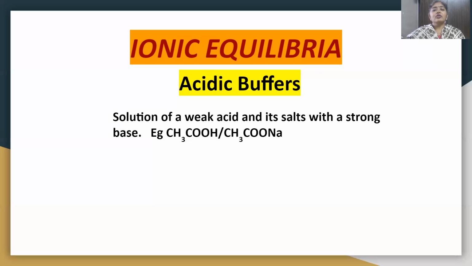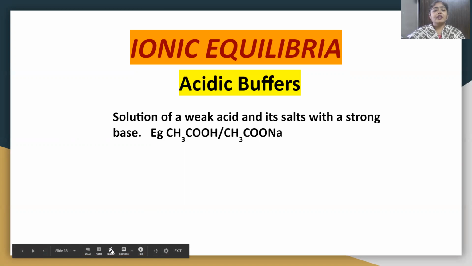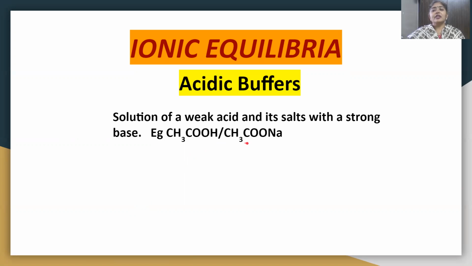Okay, so if I were to take a weak acid like acetic acid, and I have to prepare a salt of this acetic acid with a strong base. So let us say I'm making that acetic acid react with sodium hydroxide. Now sodium hydroxide is a strong base. So the salt formed will be sodium acetate. So now the salt of the weak acid with a strong base, that is sodium acetate, when I'm putting into acetic acid, the solution that I get will be called an acidic buffer.